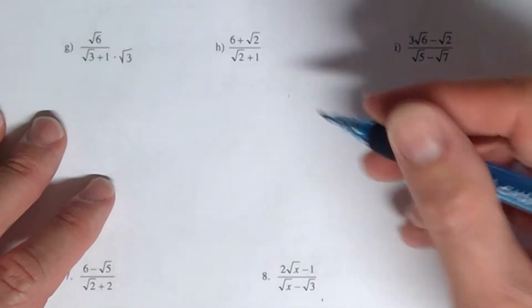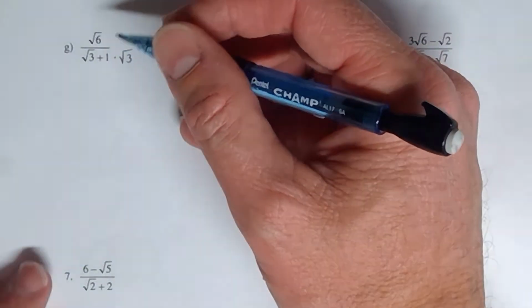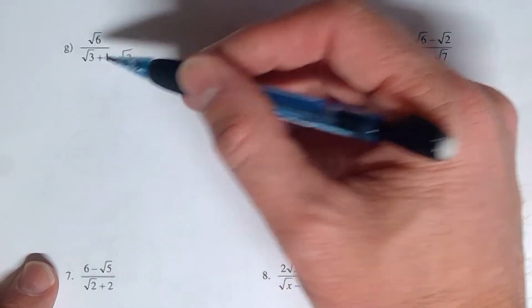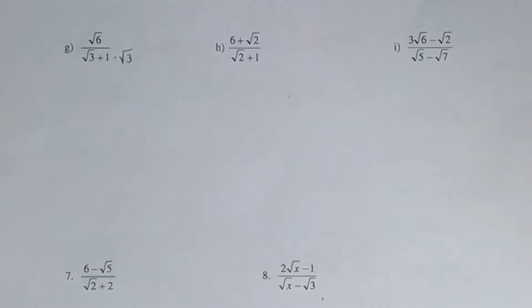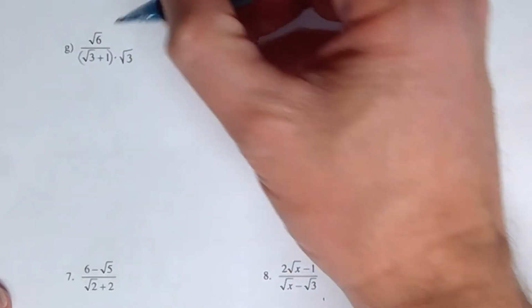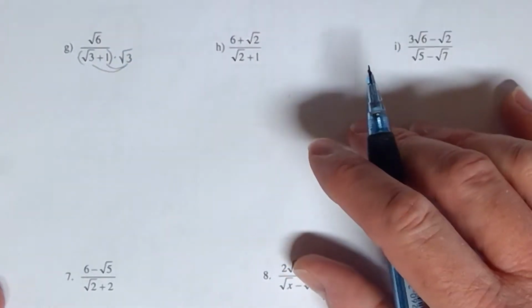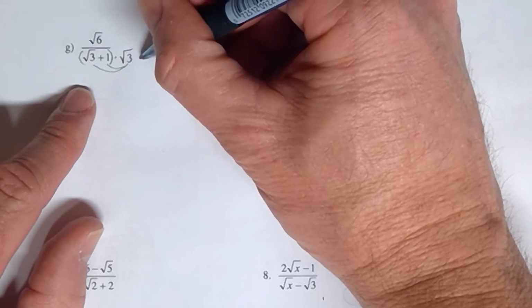The problem with that, as we learned back in chapter 7 when we were doing fractions, is that if you multiply by a denominator or numerator, in this case the denominator, you have to multiply by the entire denominator. So if that denominator has more than one term in it, you've got to bracket it and then distribute. The problem with that is that if you multiply square root of 3 times square root of 3, yes, that's what you want it to be.